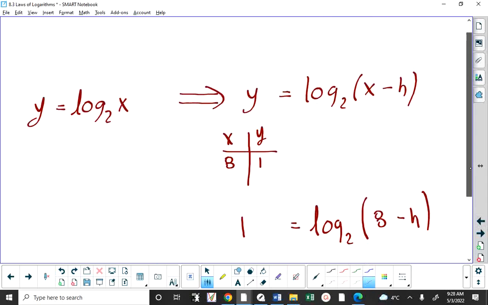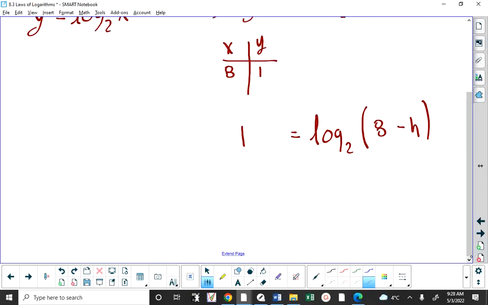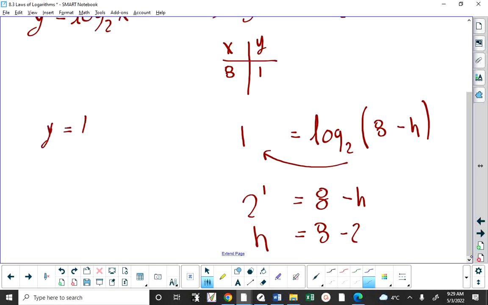So if this were the question, and I know it's not, we would write 2 to the 1 equals 8 minus h. So I'm going to move the h to the left side where it becomes positive and subtract the 2. h would be 6. This function would be y equals log base 2 of x minus 6. Is that okay? Okay. Ian?